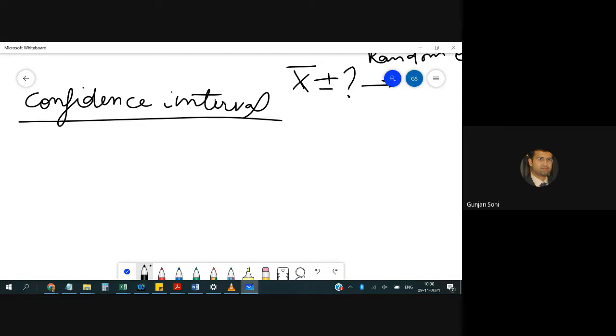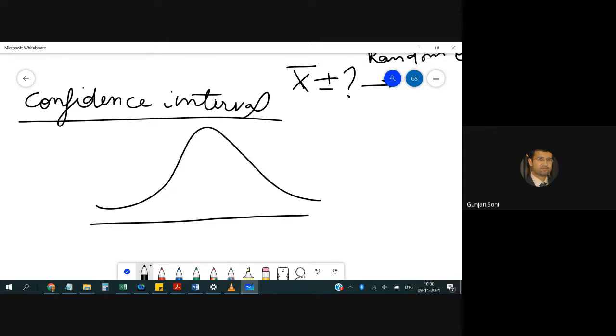Now, let's try to understand what this confidence interval is. Let's say this is a normal distribution which we get after getting several values of measurement. I am able to have this kind of a curve. And this is the mean which is being represented over here. Now there's a variation around the mean.